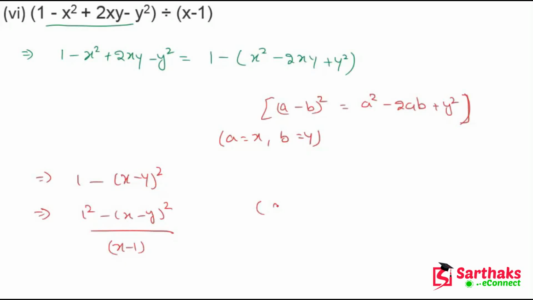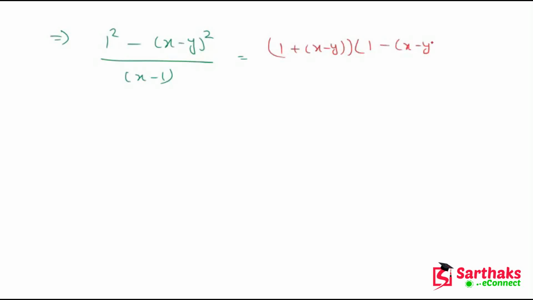Here we are using the identity a square minus b square, which is a plus b into a minus b. So 1 square minus x minus y whole square, divided by x minus 1, becomes 1 plus x minus y, into 1 minus x minus y, and in the denominator we have x minus 1.